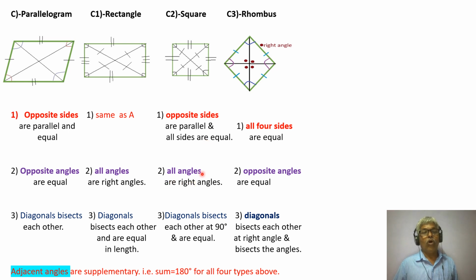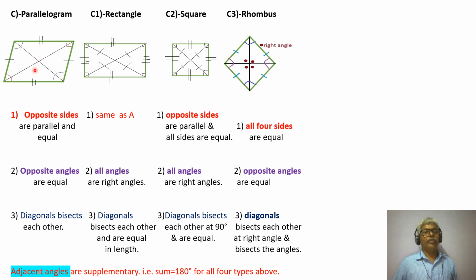All angles are right angles. And diagonals bisect each other. Not only are they equal, but they bisect each other at 90 degrees.